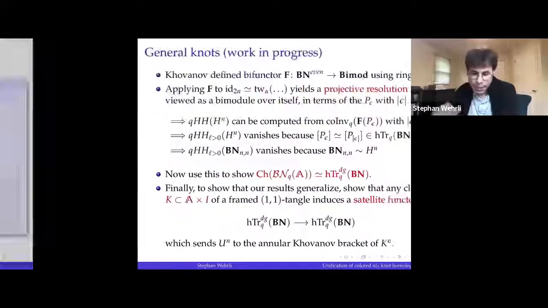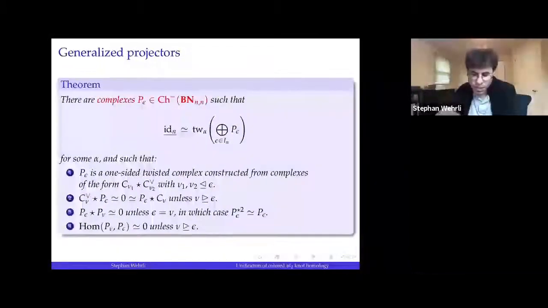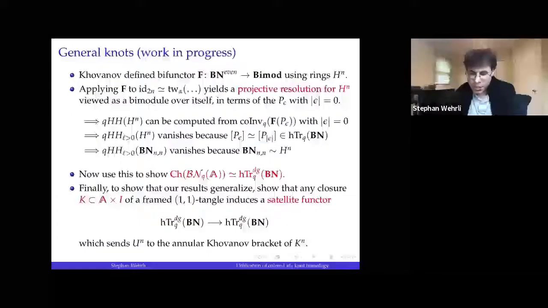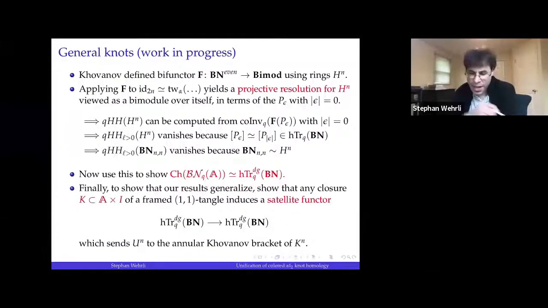And now you can apply this functor to this decomposition, and then this basically becomes H^n, and this becomes some twist of a sum of complexes. But if you think about it, because of how this functor is defined, what Khovanov does is, you have some tangle in the Bar-Natan bicategory, and to define this functor, Khovanov closes it up in all possible ways, and then he applies some Tr of T. But the point is that most of these projectors get annihilated by turnbacks.